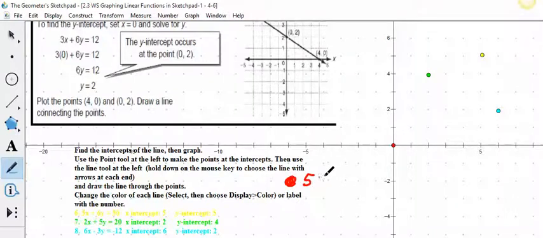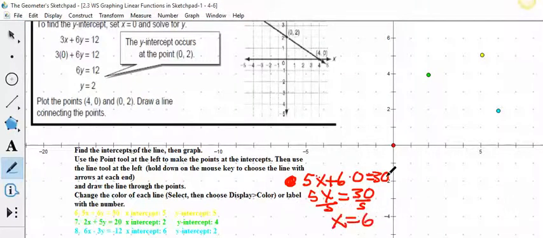So 5 times x plus 6 times 0 will be equal to 30. So 5x plus 6 times 0 is just 0. So 5x equals 30. Divide both sides by 5, and you get that the x-intercept is 6. That's just the x-coordinate, so it's really 6, 0 for one of the points on our graph.